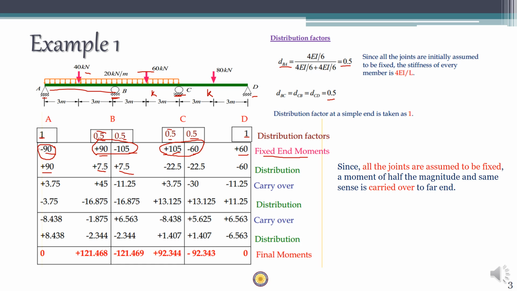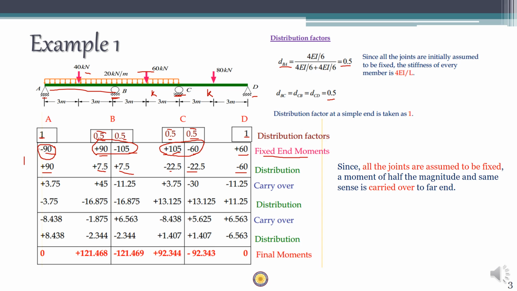So minus 45 multiplied by 0.5 will go here, and another minus 45 multiplied by 0.5 will go here, so that is minus 22.5 at both sides. At the final point it is plus 60, so in order to balance it, we apply minus 60 into 1, so it's minus 60. So this is the distribution. With this we have completed our first iteration.